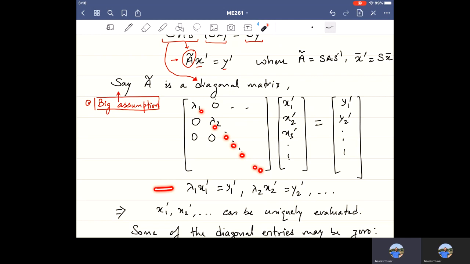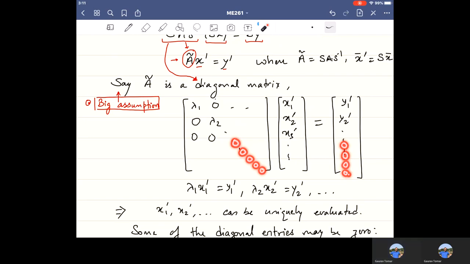But what if some of these terms are zero? In that case, how would you solve this system? If it's a consistent system, then the right hand side would also have zeros corresponding to those diagonal entries, so the rows with zero diagonal entries will be completely zero.